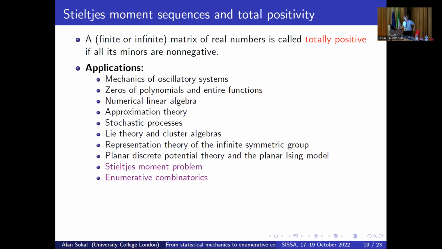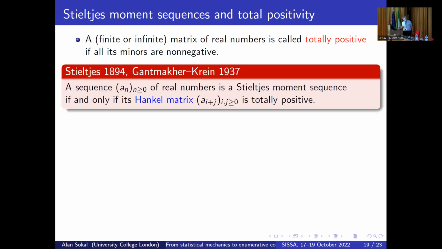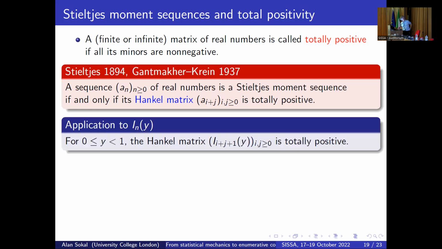It has applications to millions of different things. And I just want to focus on this theorem that relates it to the Stieltjes moment property. A sequence of real numbers is a Stieltjes moment sequence if and only if its Hankel matrix is totally positive. So the Hankel matrix is the matrix whose anti-diagonals are constant, a sub i plus j.